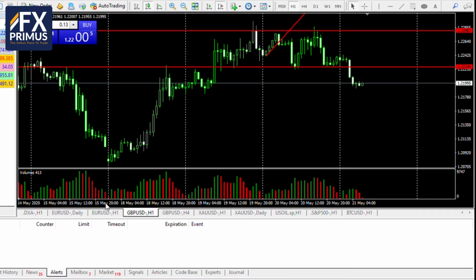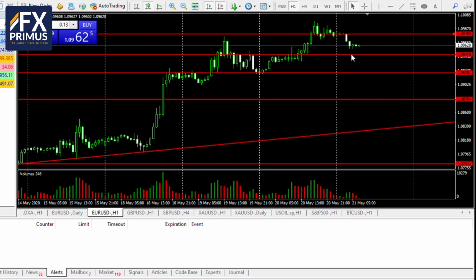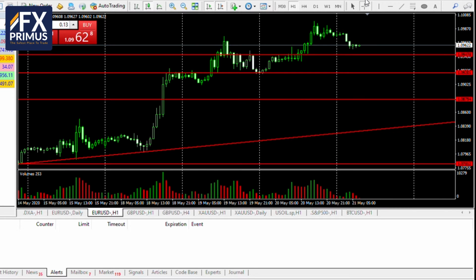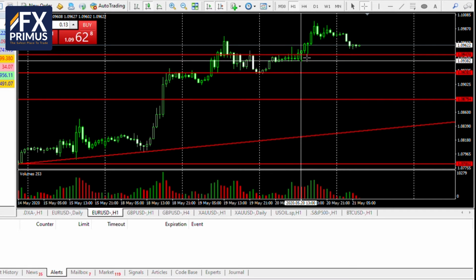Euro dollar wise, pretty bullish for most of the day. You can see that the US dollar was mostly bearish for most of the day, and of course we can use it as a reference, where the euro dollar was bullish for most of the day, going up about 60 pips.